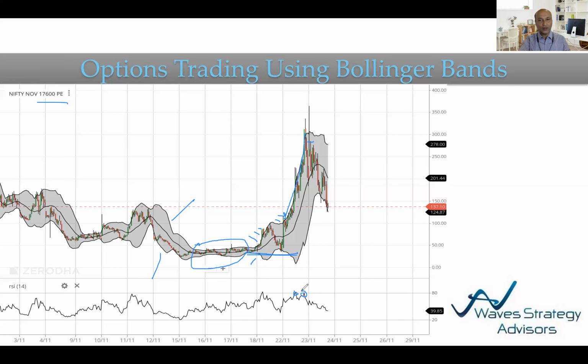And then you have to form a trading strategy. So if you followed RSI also with Bollinger Bands, you would have avoided buying at this level, which was around the 80 zone. The next trade that you should have taken is this one. That is why I combine RSI, to avoid this kind of move.